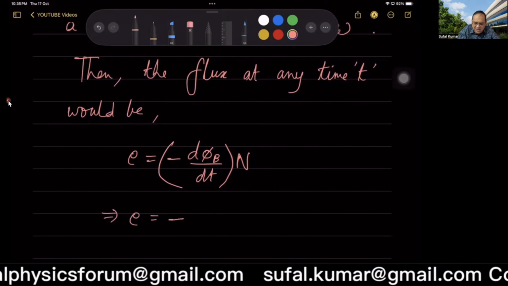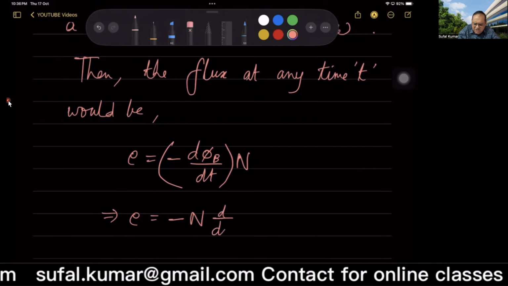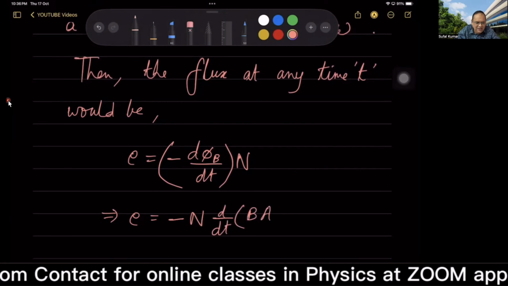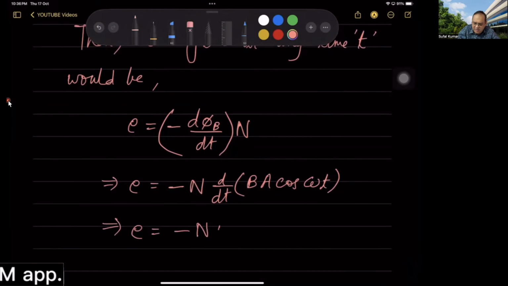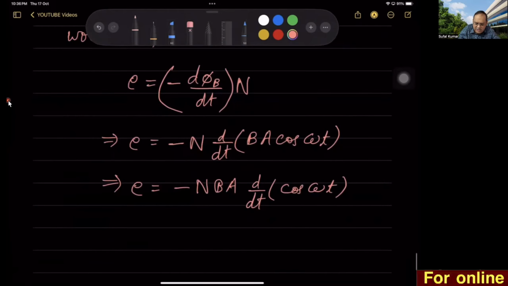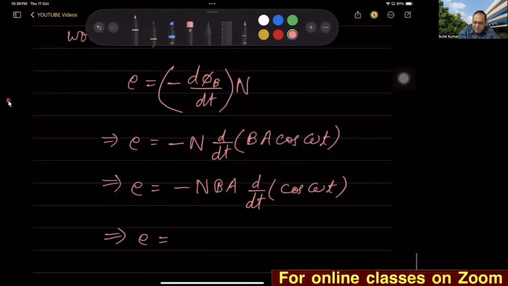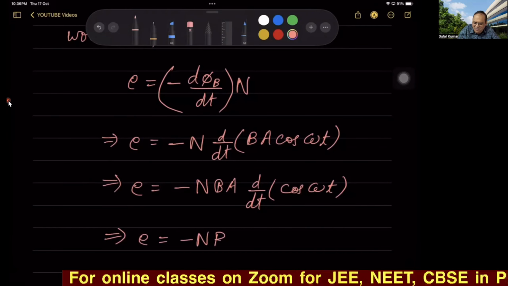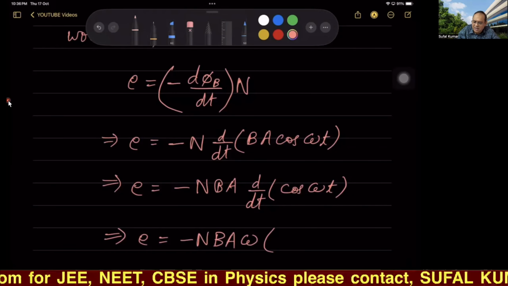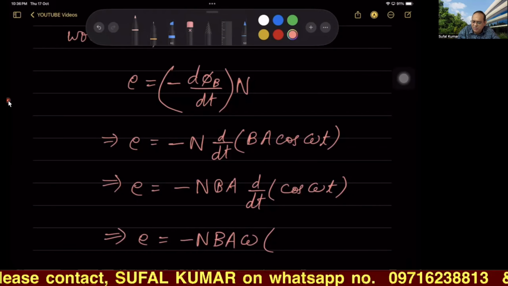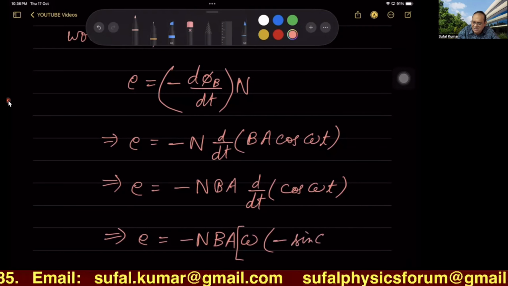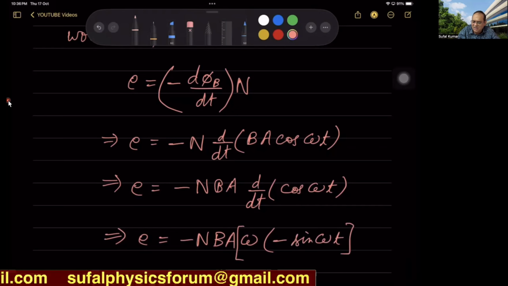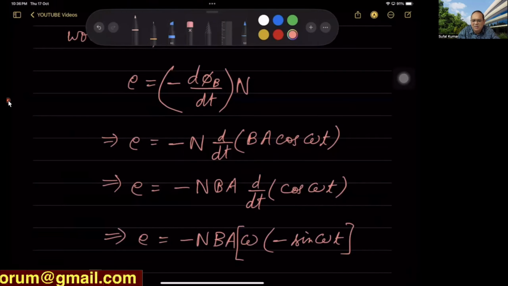E is equal to minus N d/dt of BA cos omega t. E is minus NBA d/dt of cos omega t. It implies that E is equal to minus NBA omega, and after differentiation of cos omega t we get minus sine omega t, with omega as the constant coefficient being multiplied.